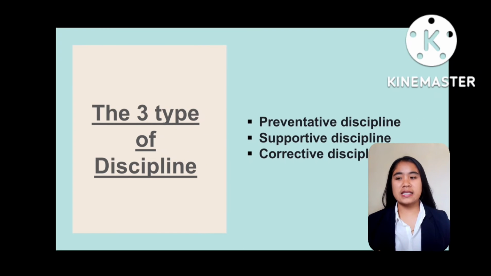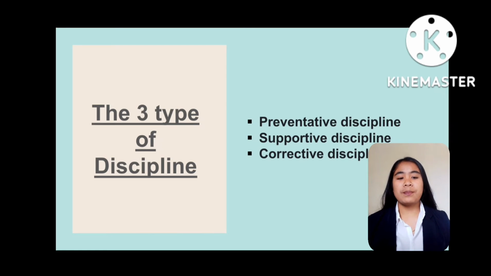Okay, the next is the three types of discipline. The first is preventative. Preventative discipline is about establishing expectations, guidelines, and classroom rules for behavior during the first day of lesson in order to proactively prevent disruption. Second is supportive. Supportive discipline, on the other hand, occurs in the case of a transgression.